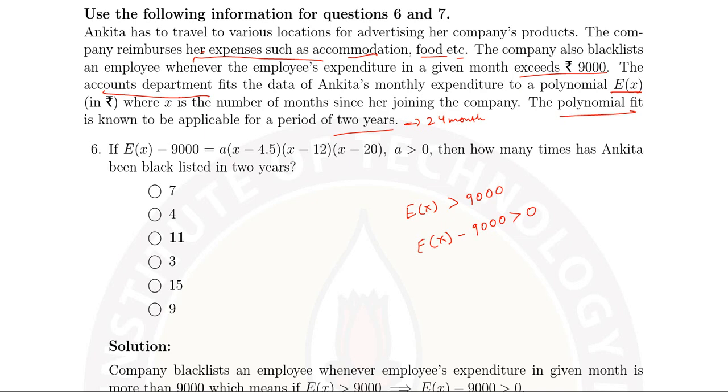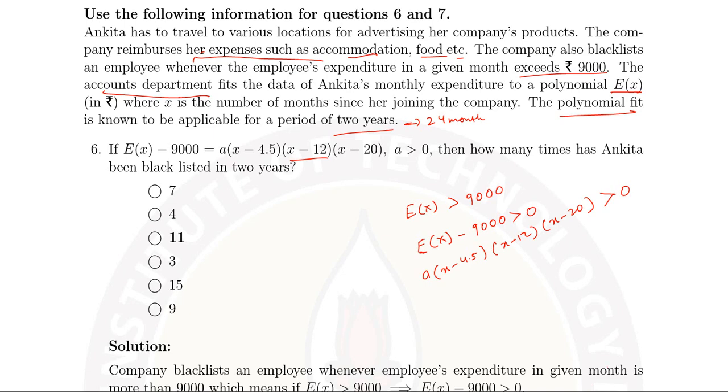So question number 6 says, if E of X minus 9,000 is equal to A times X minus 4.5 times X minus 12 times X minus 20. We just said E of X minus 9,000 has to be greater than 0. So A into X minus 4.5, X minus 12 and X minus 20 also has to be greater than 0.